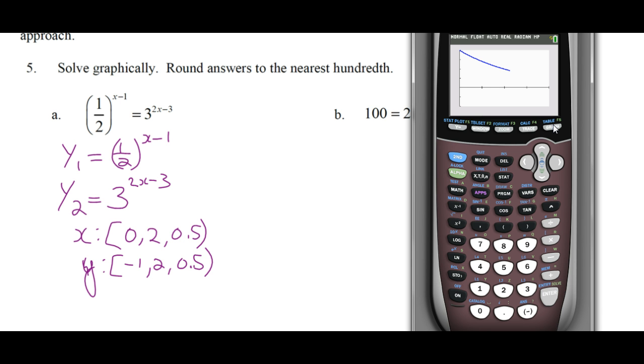Okay, there's a blue decay. That's the 1/2 going down. And there's the 3 to the power of. It's not quite centered, but it's okay.